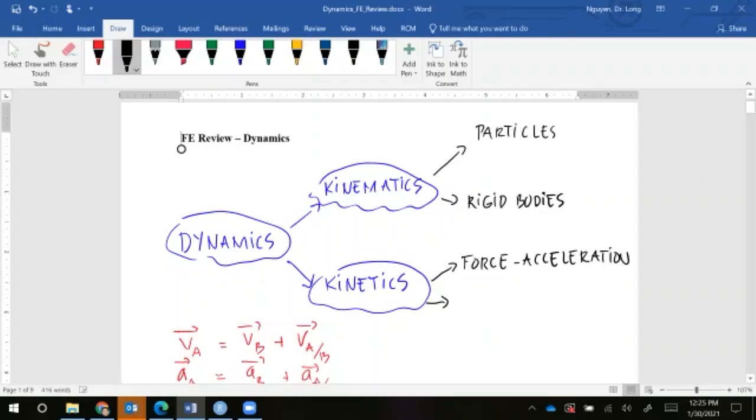When it talks about positions, from position 1 to position 2, then we have work energy. And then the last one, if we talk about time at different instants, then we have the impulse momentum.